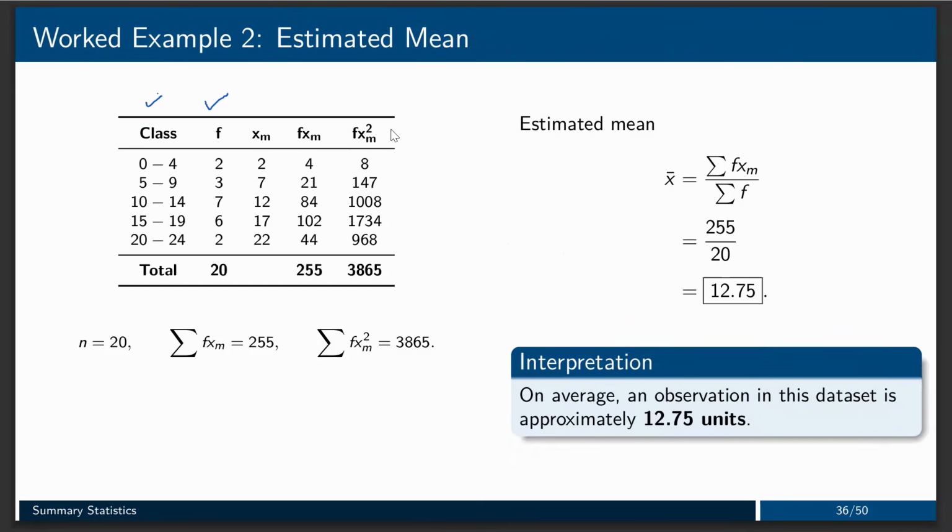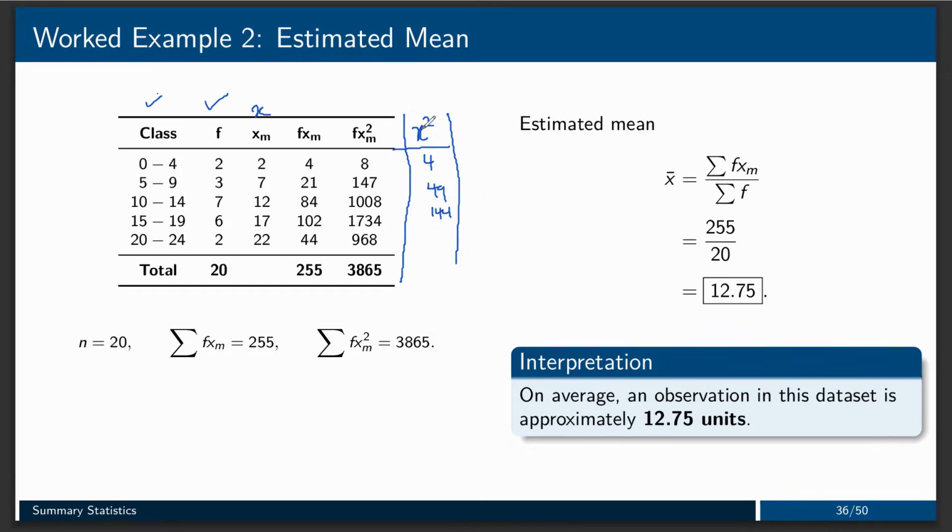Ideally, in creating this table, you should create an x squared column first. So we have our x squared as these are the x values. We have 2 squared as 4, 7 squared, 49, 12 squared, 144. So you do all your x squares like that.